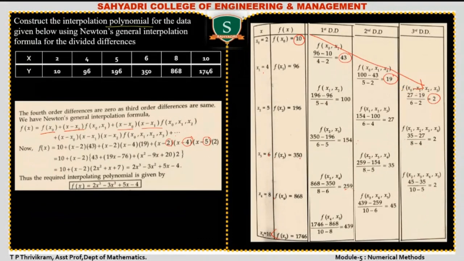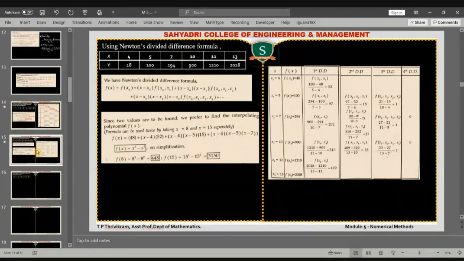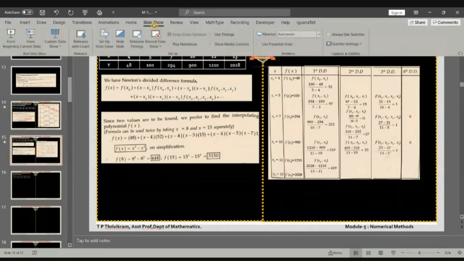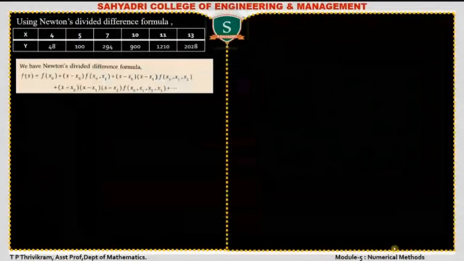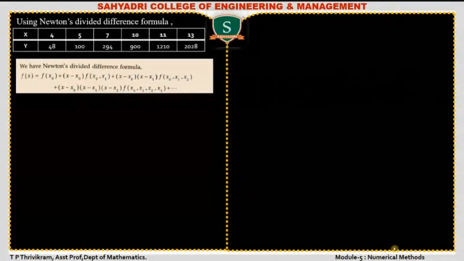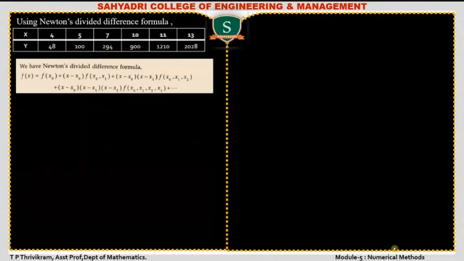So after that, we have calculated this and simplified. Finally, we got the polynomial as this much. Check with this. Here he is asking, using Newton's divided formula, find the polynomial for this.